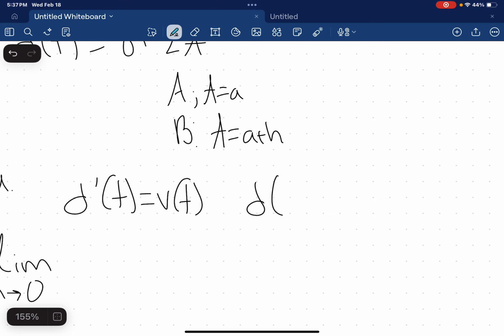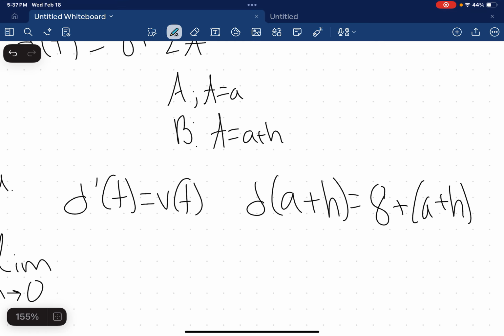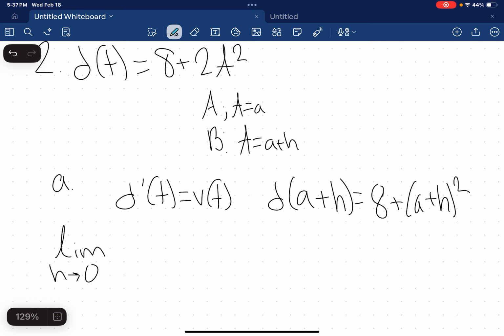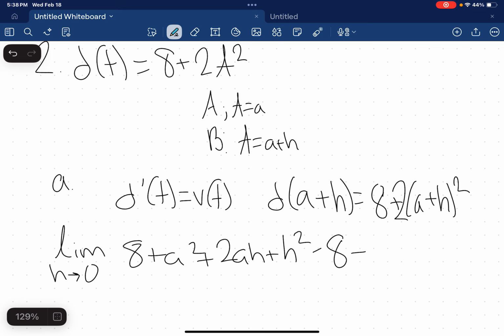You know that d of A plus h is going to be equal to 8 plus 2 times A plus h, squared. Whoops, there was a 2 in front of this. That's a bit embarrassing. Let me rewrite this. Sorry.